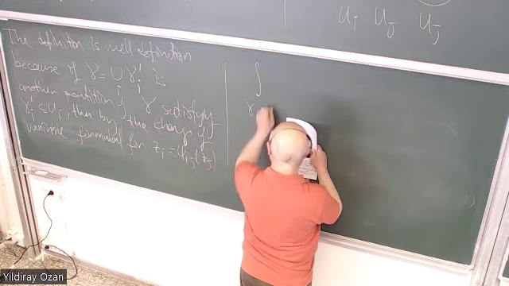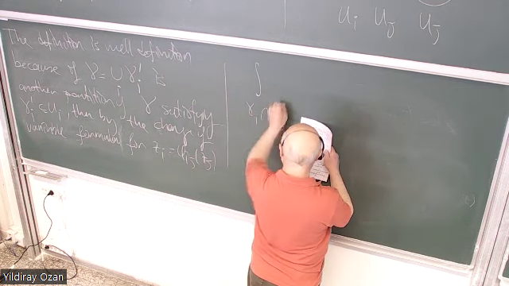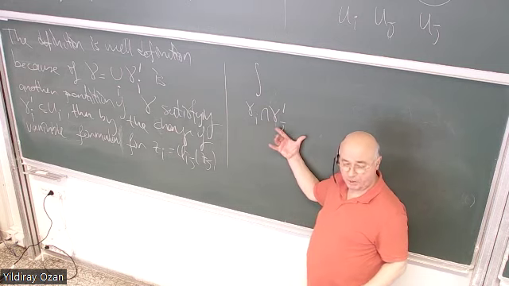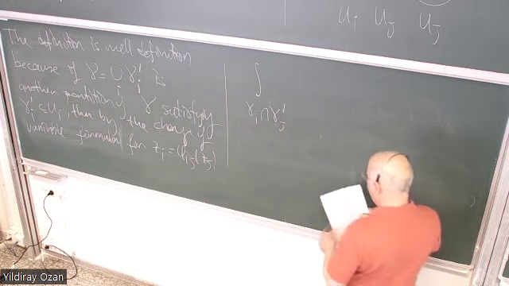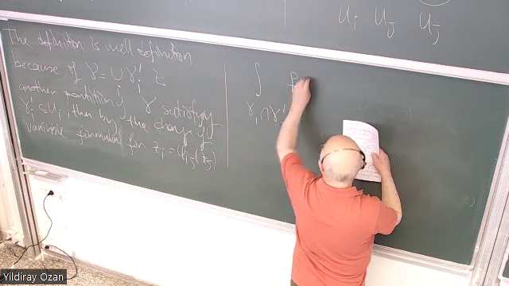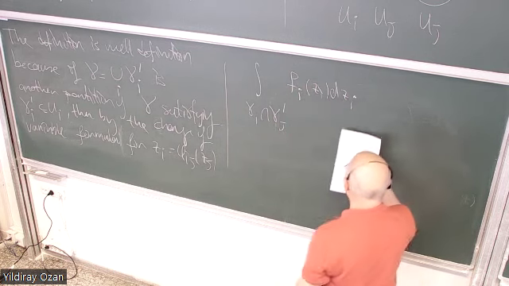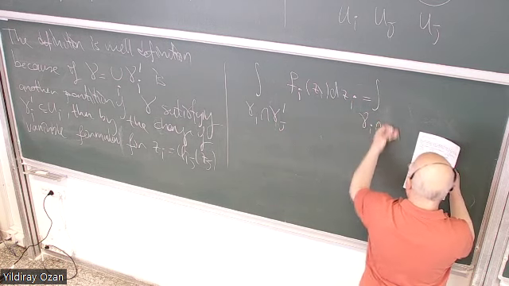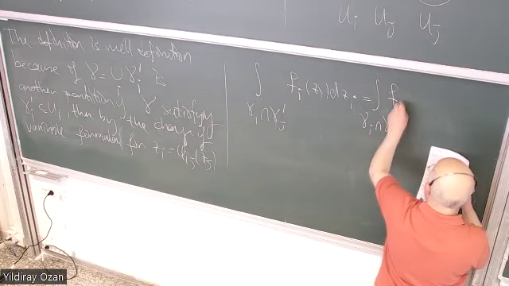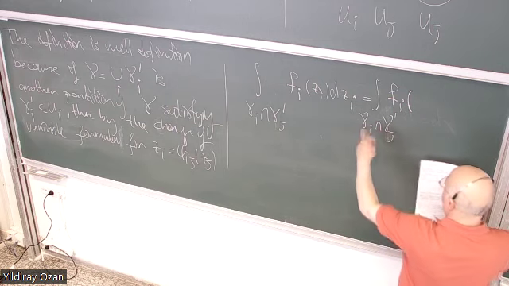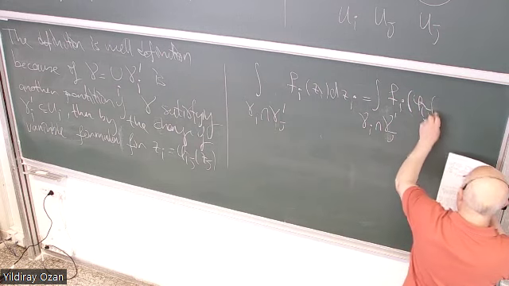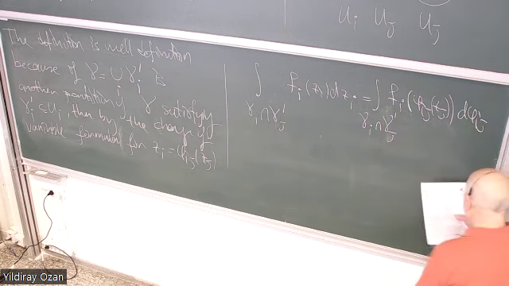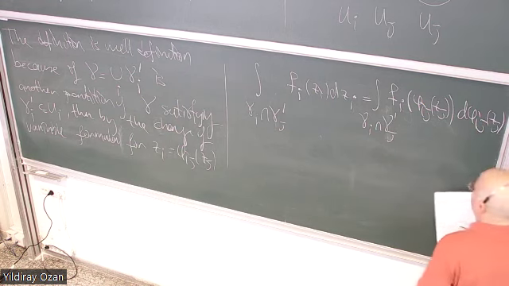On these pieces U_i, U_j', I did the partition in two different ways. A piece of one partition can intersect a piece of the other partition. On that intersection I take the integral of f_i(z_i) dz_i. How do we change coordinates in the differential form? I write f_j(z_j) and then the derivative of this gadget, d phi_ij, over dz_j. But you know this thing.